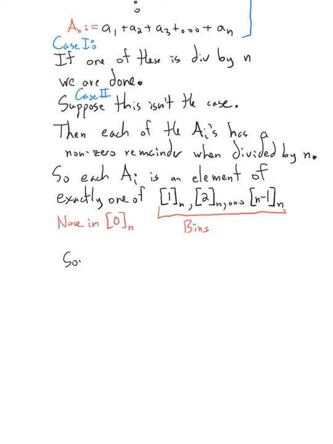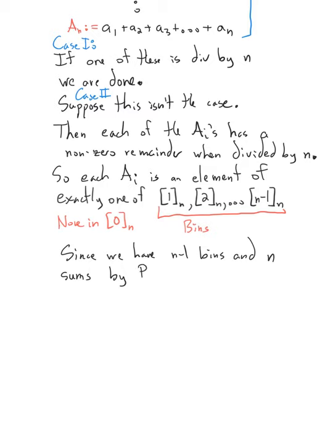So since we have n minus 1 bins and n sums, that's our AIs, our sums, our big AIs.